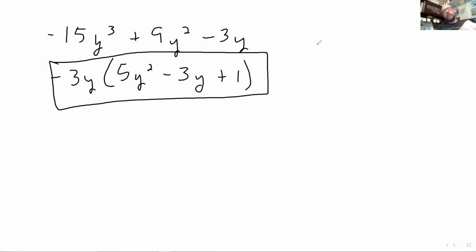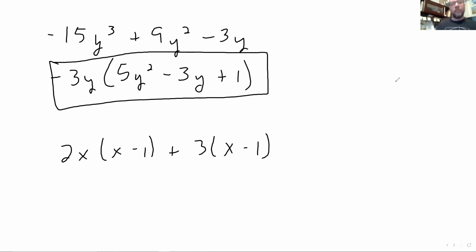Now, your greatest common factor doesn't necessarily have to be just a monomial like this. It can be something else. Like, for instance, let's say I have 2x times x minus 1 plus 3 times x minus 1.